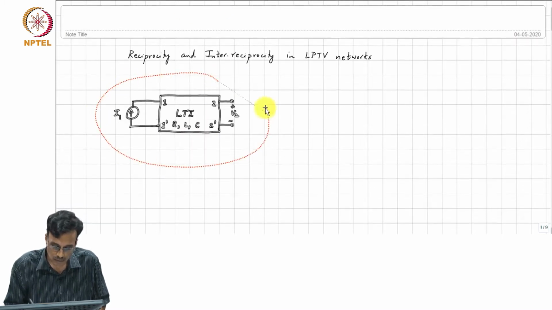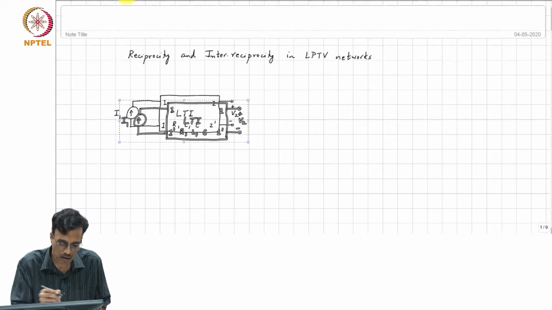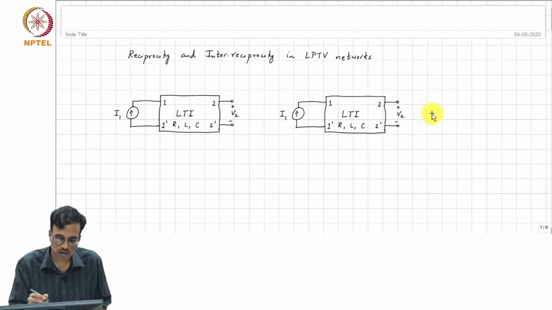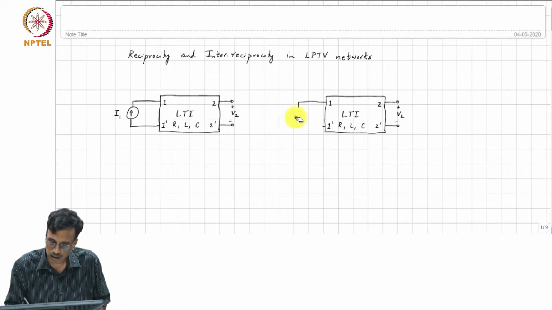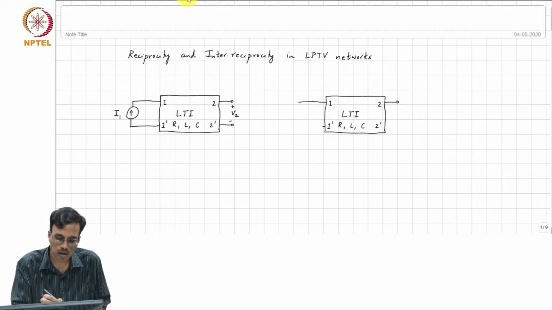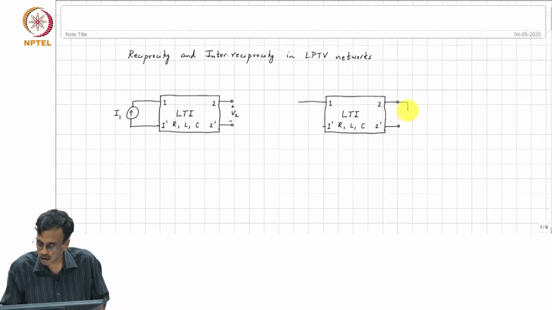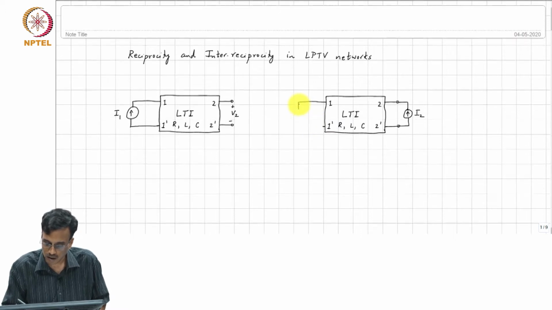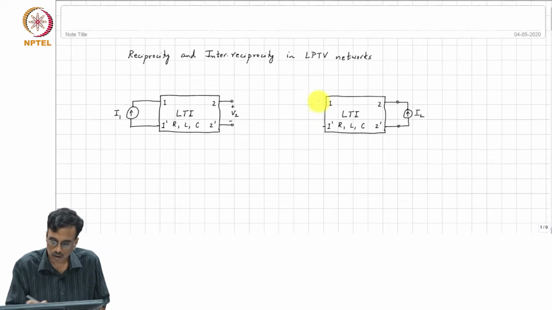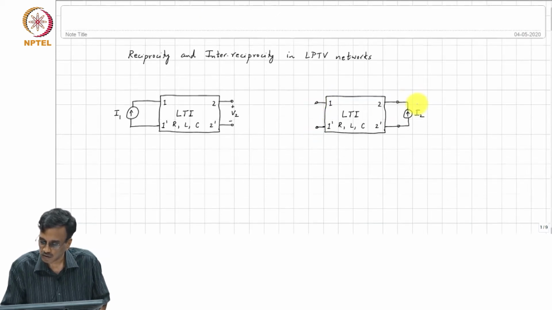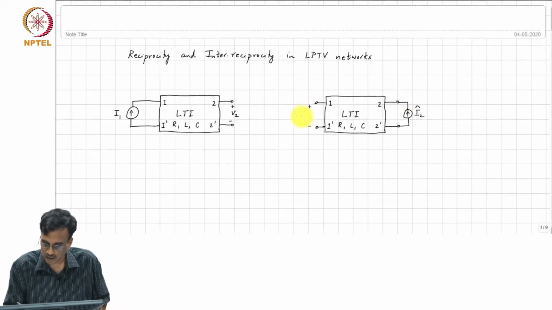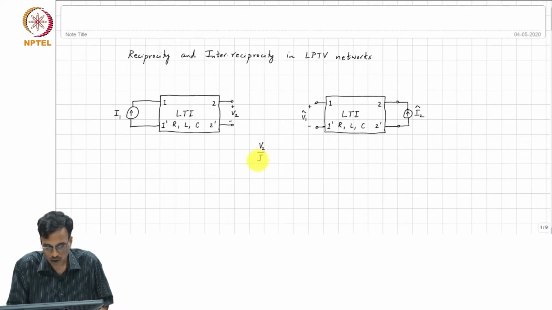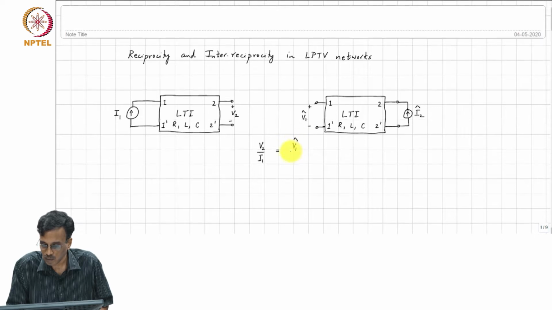Now, if we took the same network and interchanged the location of the excitation and the response, so this is I2 hat and this is V1 hat, then by reciprocity V2 by I1 equals V1 hat by I2 hat.